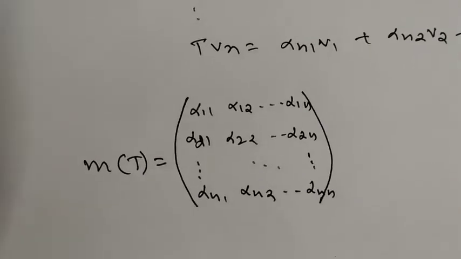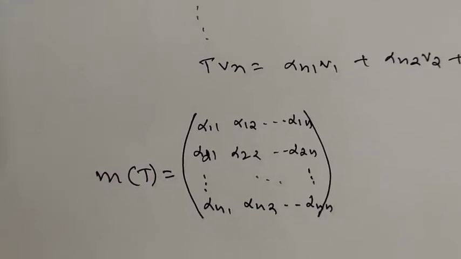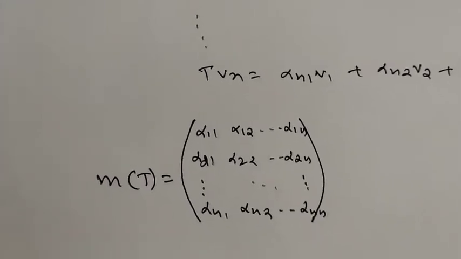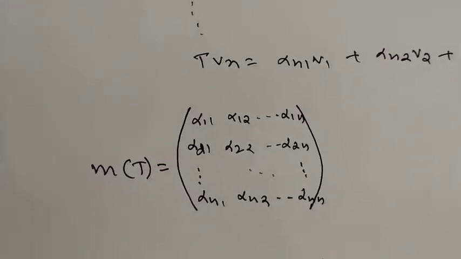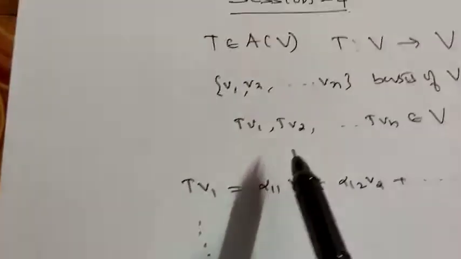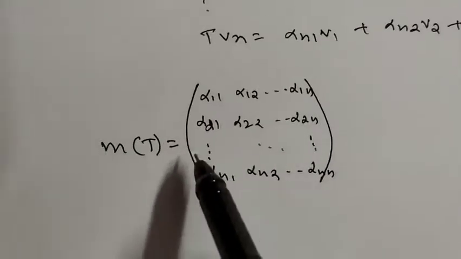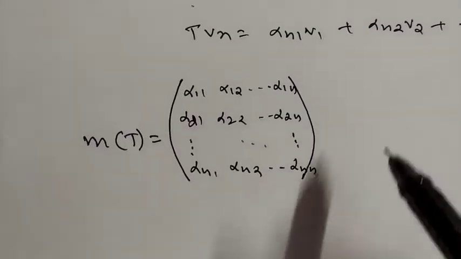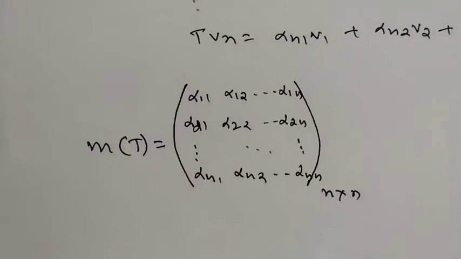So these n square elements will completely determine the nature of T. As we have discussed, all the properties of the transformation T belonging to A(V) are hidden in this matrix. This is an n cross n matrix.